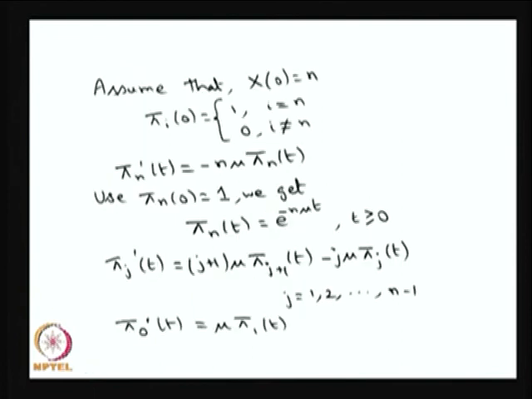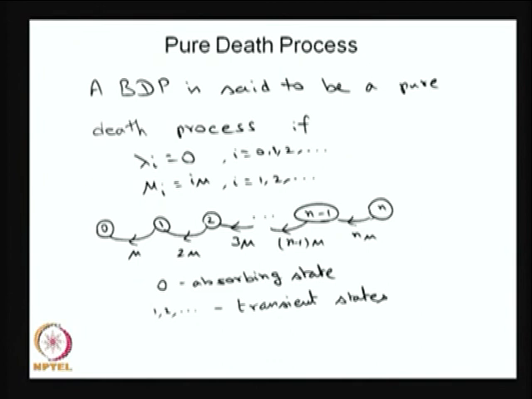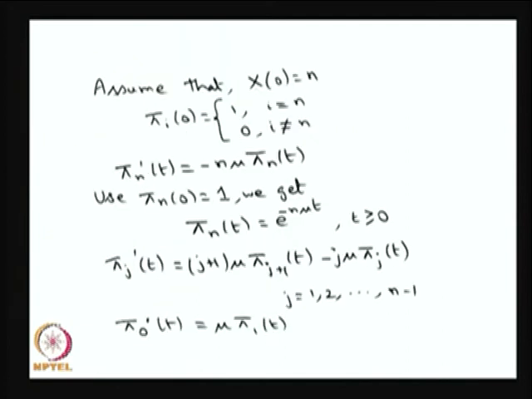So, we will have two terms on the right hand side, coming from the one forward state or not moving from the same state. So, we will have two terms for j equal to 1 to n minus 1. For the last state, that is the state 0, the system comes from the state 1. Since the state 0 is an absorbing state, there is no second term. So, it is going to be mu times pi 1 of t.